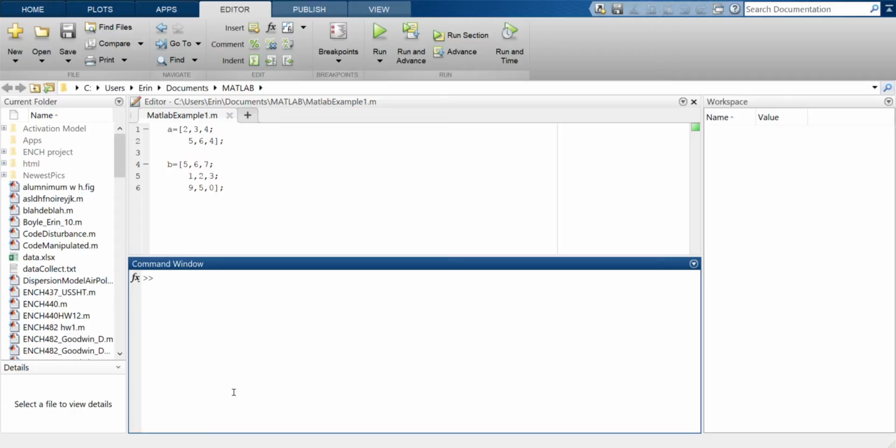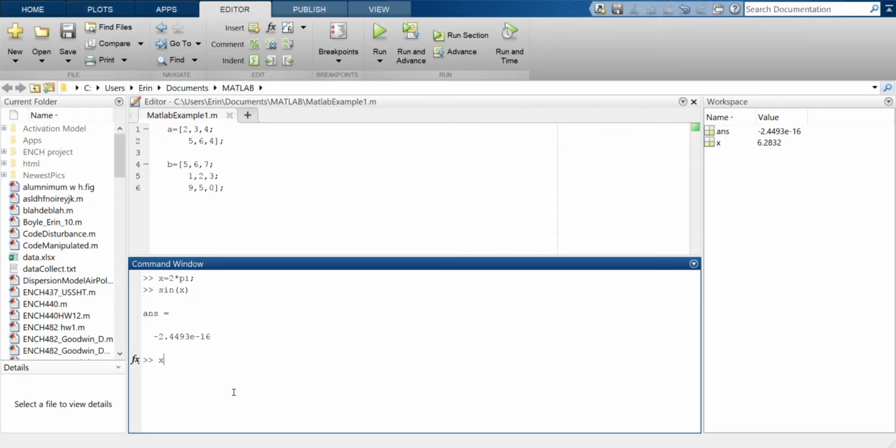Another thing with Matlab, it has functions built in. For example, if I say x equals 2 pi, I can take the sine of x and it'll give me an answer. Sine also works in degrees.